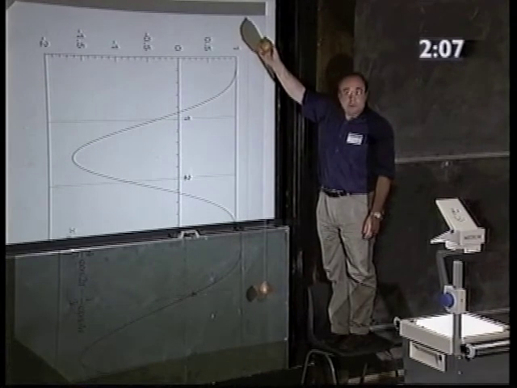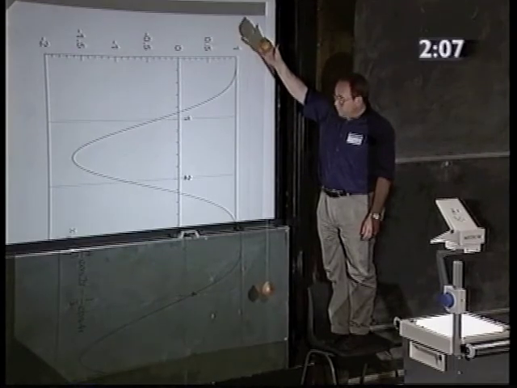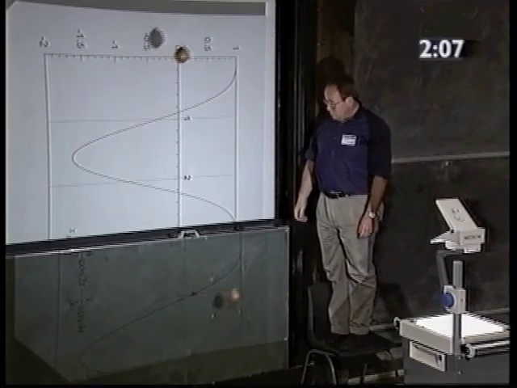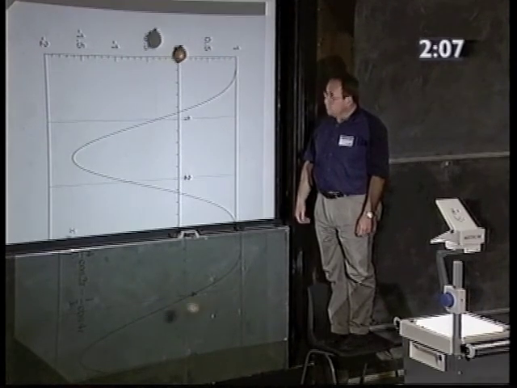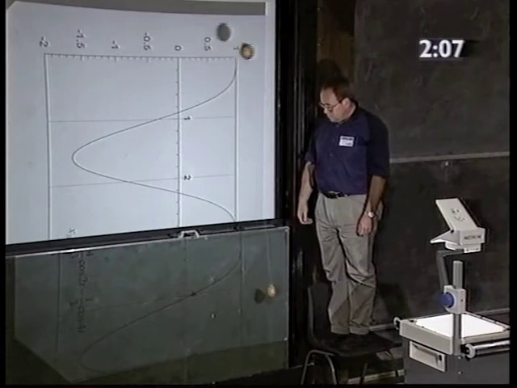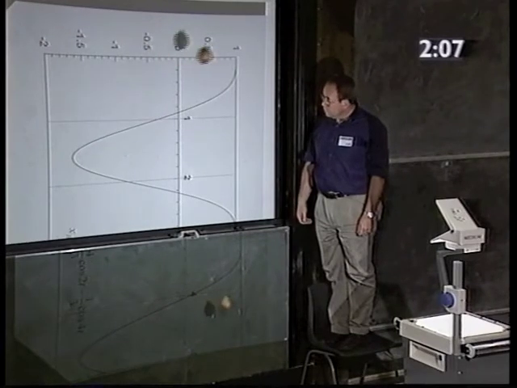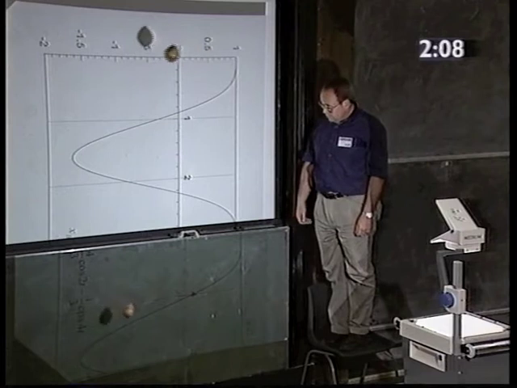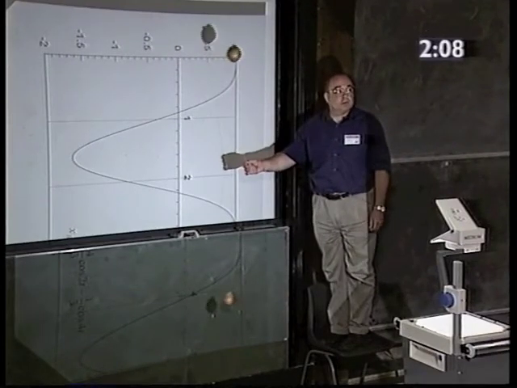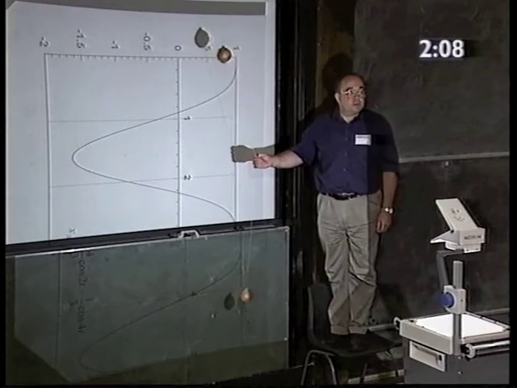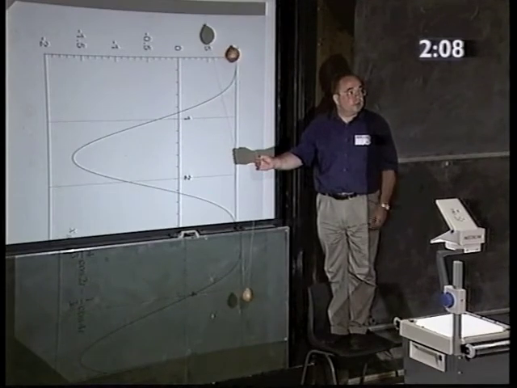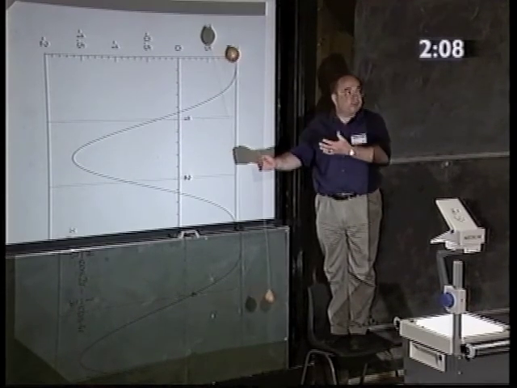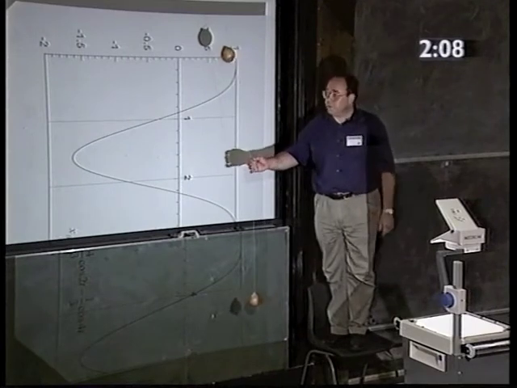So, you ready? 3, 2, 1, go. 1, 2, 3, 4, stop running. 5. Is that about right? 5 lots of pi, 15. So again, even though it's fairly haphazard motion, or apparently so, it is periodic.